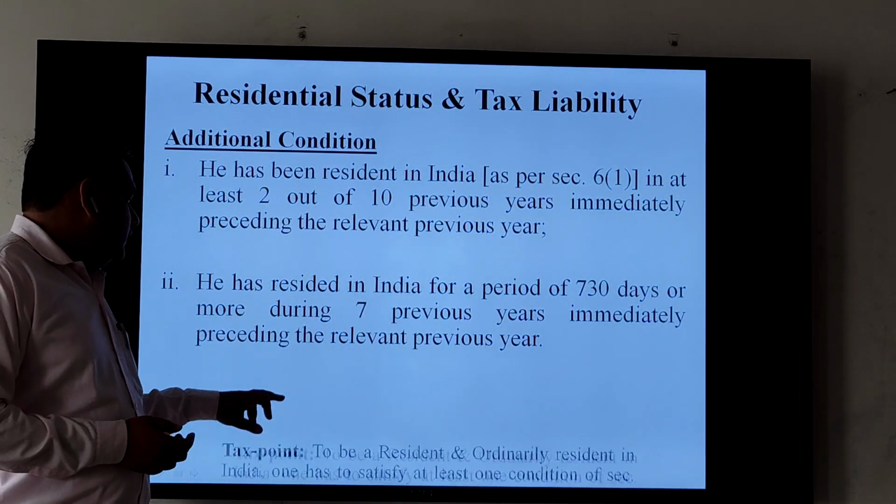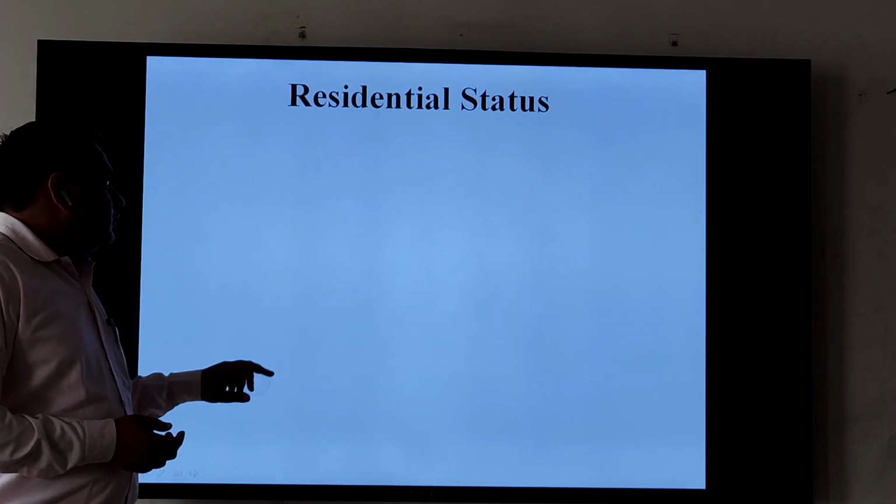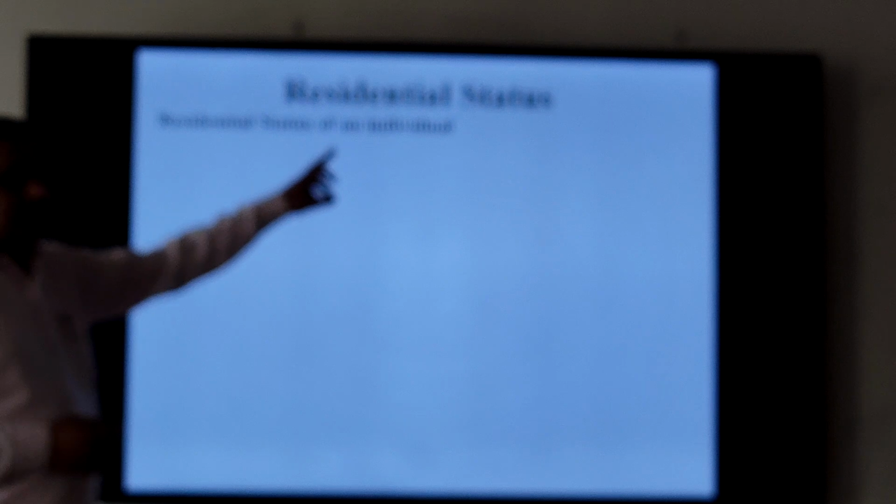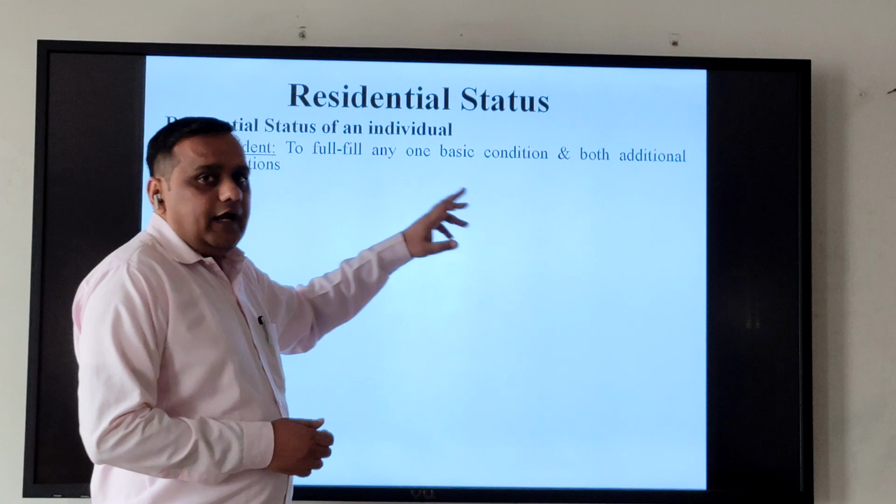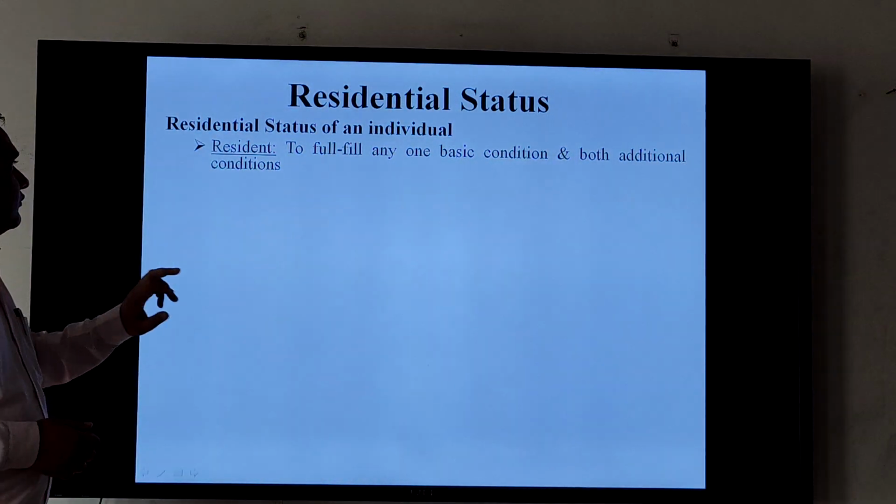On the basis of these conditions, we decide the person is resident or non-resident. Like the residential status of an individual, how do we decide it? For an individual to be a resident, the person needs to fulfill any one basic condition and both additional conditions.